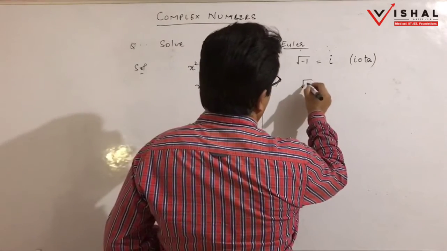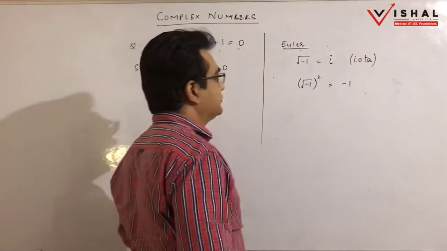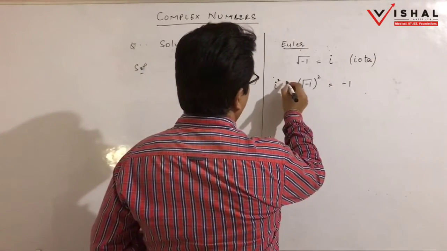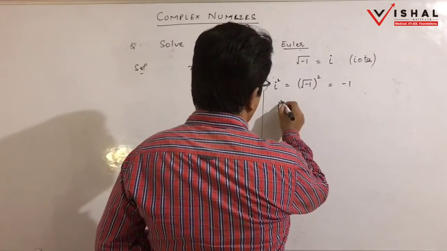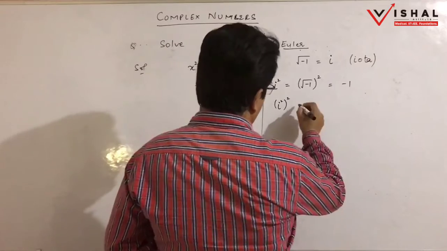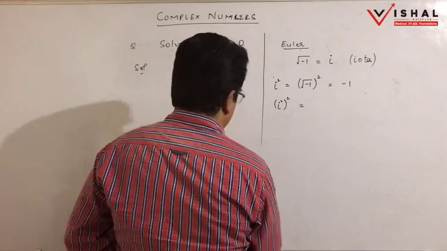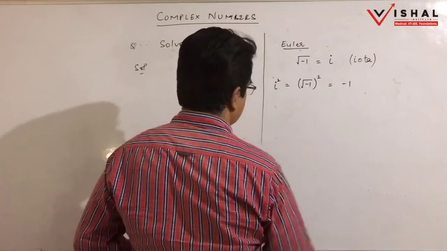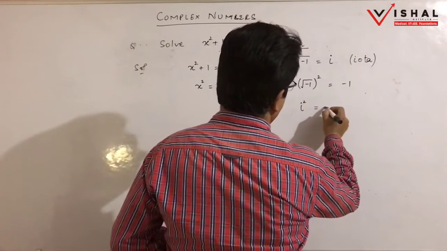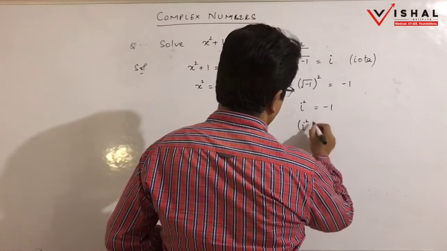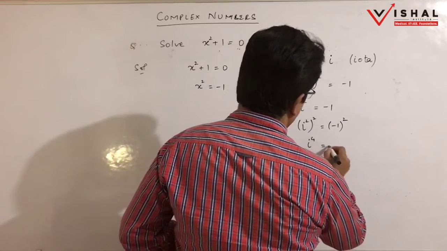If I square under root of -1, this is equal to -1. So that means iota square is equal to -1. If I square iota square as well, that means iota 4 is equal to 1.